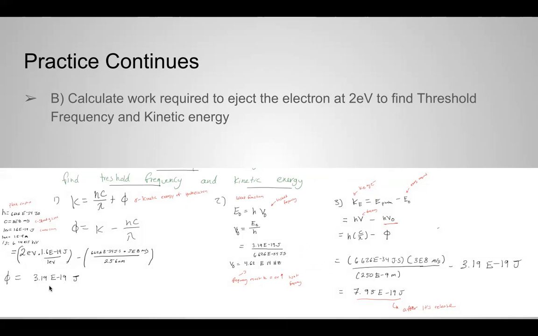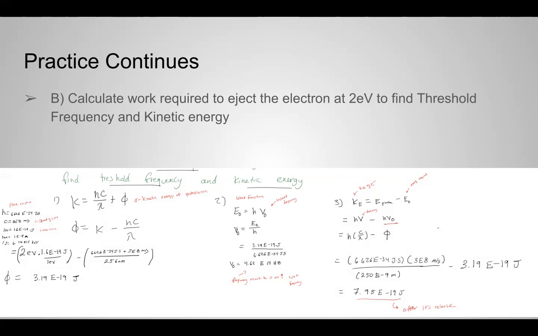Next step will be to find kinetic energy. Kinetic energy is the energy of the photon minus the energy required, so we just consider the work function.